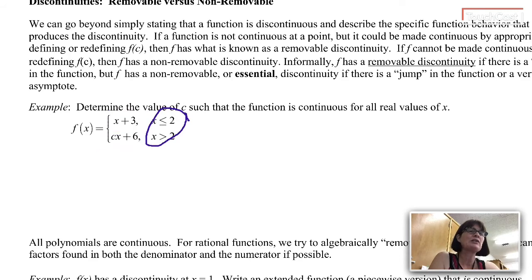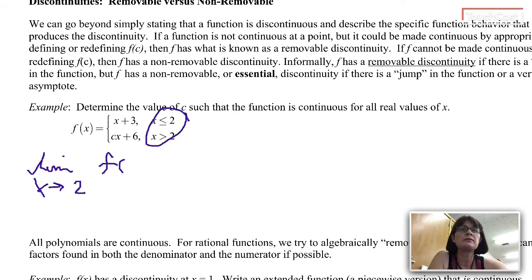So what am I going to choose c to be, so that right at the place where x equals 2, my limits from the left and the right are equal, so that the limit exists, and the actual function value is also equal to that limit? So let's do this. I need the limit as x approaches 2 of f of x to equal f of 2.